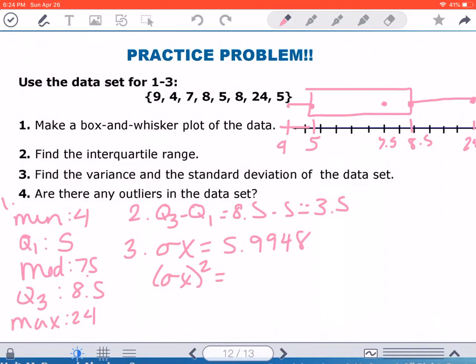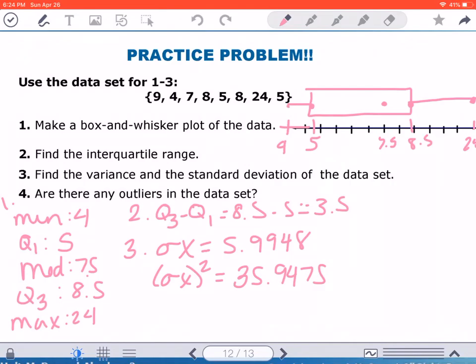You're going to hit your VARS button, hit number 5, and then go down to number 4. So scroll down to 4 and hit enter. And then we want to square that value and hit enter again. And what we see is that our variance ends up being 35.9475. Okay, so that's our variance.